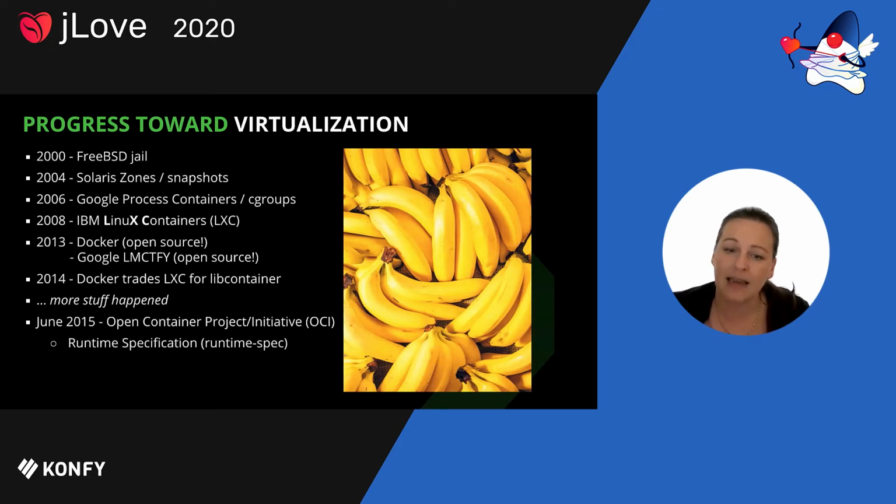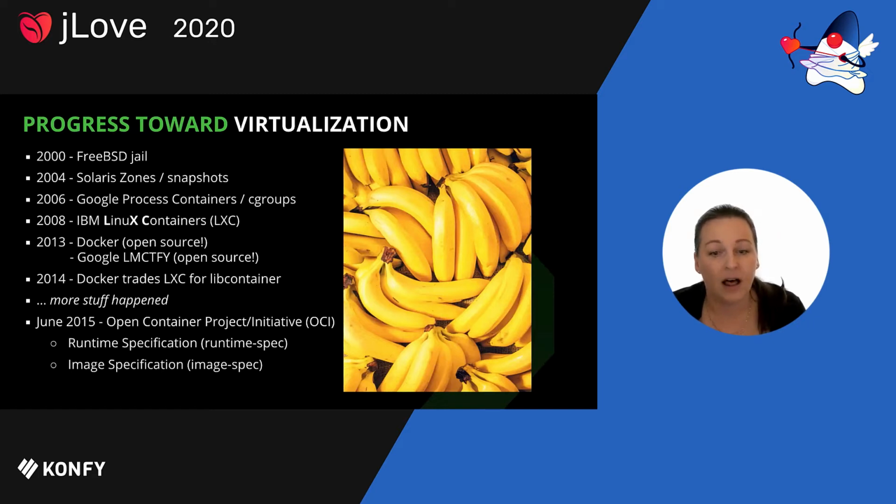It'll give you some insight into some of the activity and motivations behind shifts that happened in the market. This is when the Open Container Initiative was established. This is an organization under the Linux Foundation. It includes members from many major stakeholders, including Docker, with the goal of creating open standards for container runtimes and image specification. I'll explain a little bit more about that later.